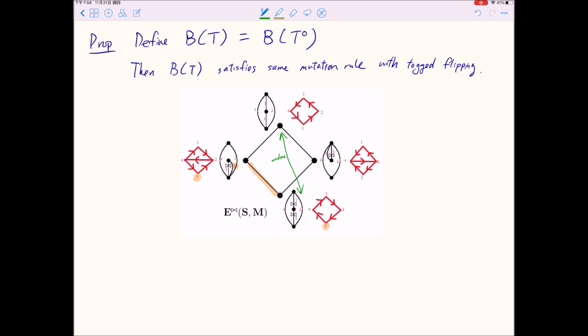Is it up to a permutation? No, they should share the same. Yeah, because the index is switched. You can see it's 1 3 3 1 here.